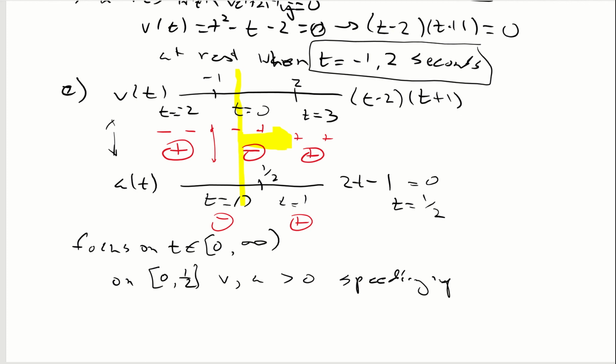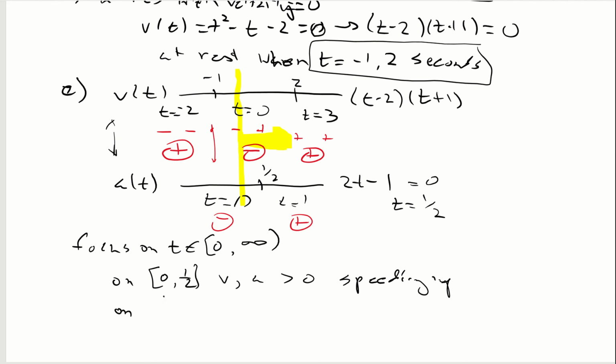But then something happens to acceleration. They were both negative, right? Both negative. But then acceleration changes to positive while velocity is still negative. Velocity is negative till it gets to 2 seconds. Acceleration switches to positive when you get to 1/2 second. So on that interval, from 1/2 to 2, they have opposite signs.